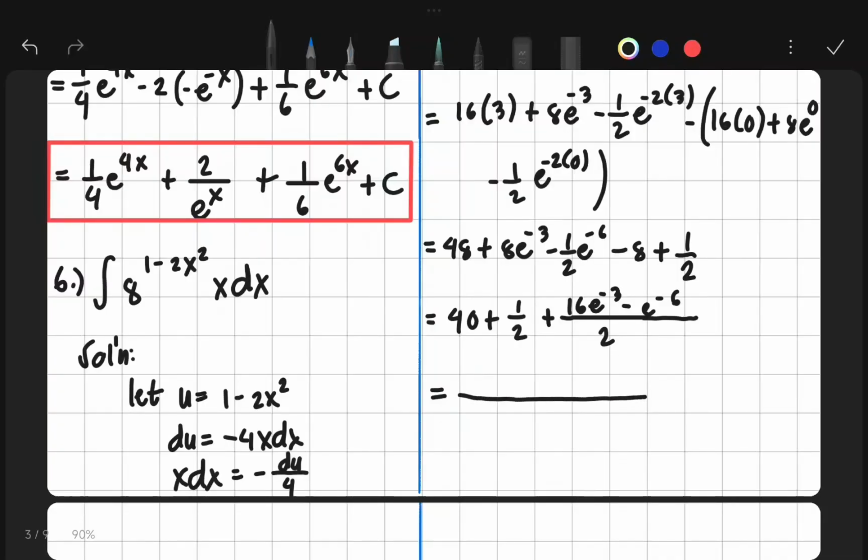This will become 40 times 2 is 80 plus 1, plus 16 e raised to negative 3 minus e raised to negative 6, over 2. 80 plus 1 is simply equal to 81. We cannot simplify further, so let's have this as our final answer.